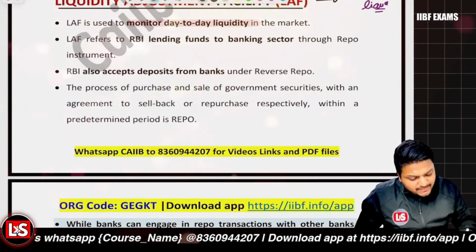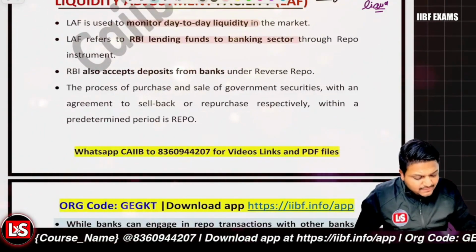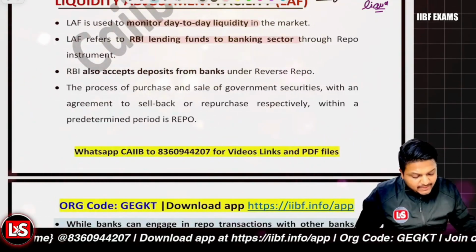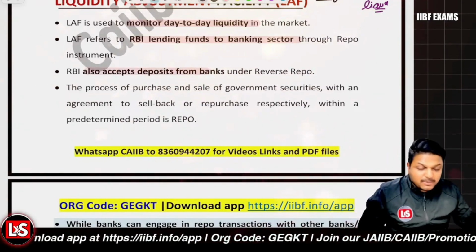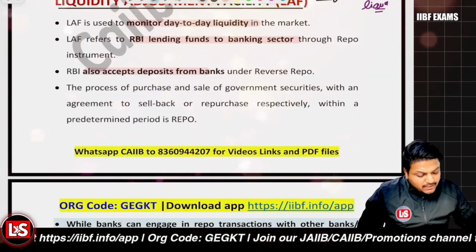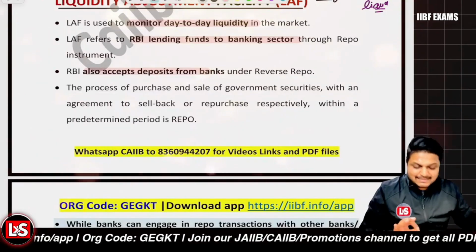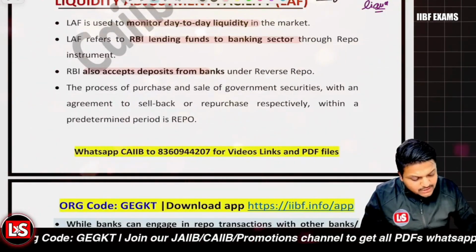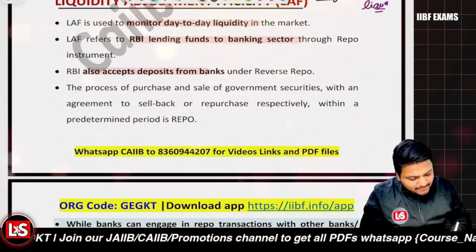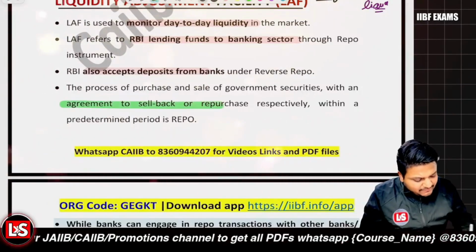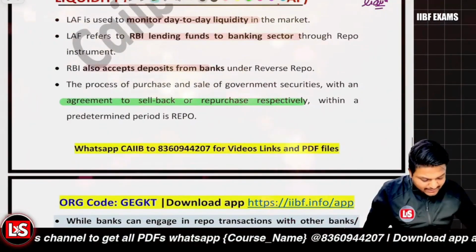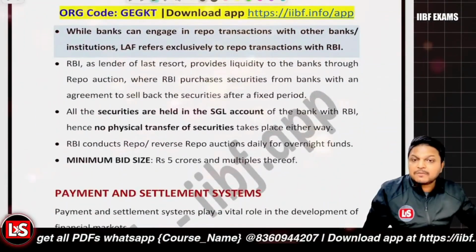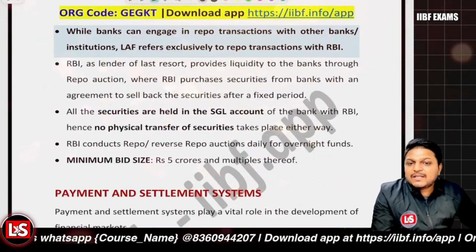RBI lends funds to the banking sector through the repo, and RBI absorbs money from the banks using the reverse repo, right? This sale and purchase of government securities with an agreement to sell back or repurchase respectively is said to be the liquidity adjustment facility. Are we clear with this?